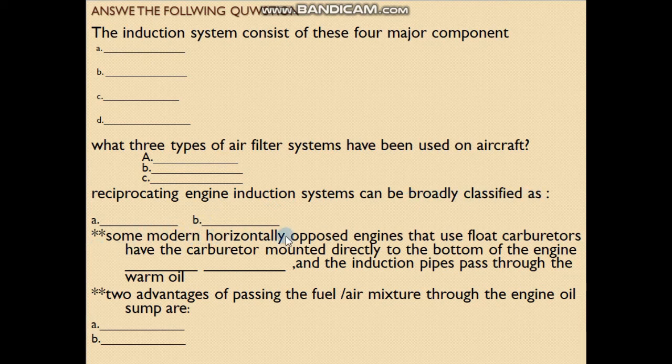Some modern horizontally opposed engines that use float carburetors have the carburetor mounted directly to the bottom of the engine, and the induction pipes pass through the oil sump. The last question: what are the two advantages of passing the fuel-air mixture through the engine oil sump?